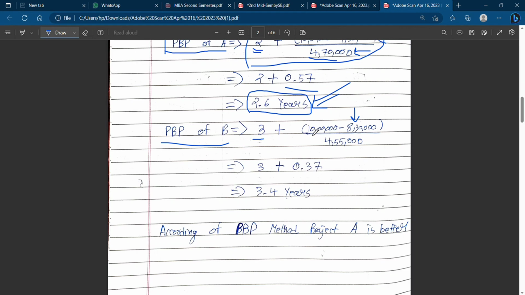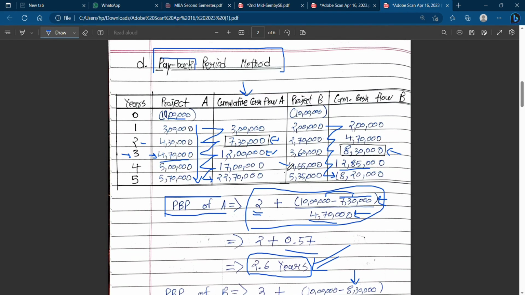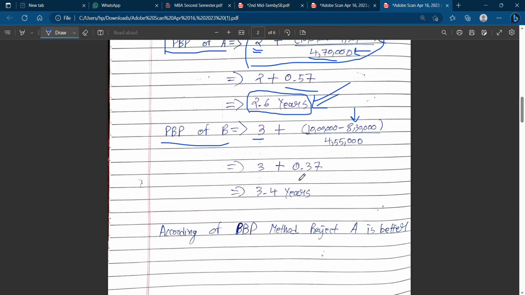So we divide the remaining amount by what we are getting in the next year, 4 lakh 55,000, and we get 0.37. I have rounded it, so in project B we are getting back our investment in 3.4 years.